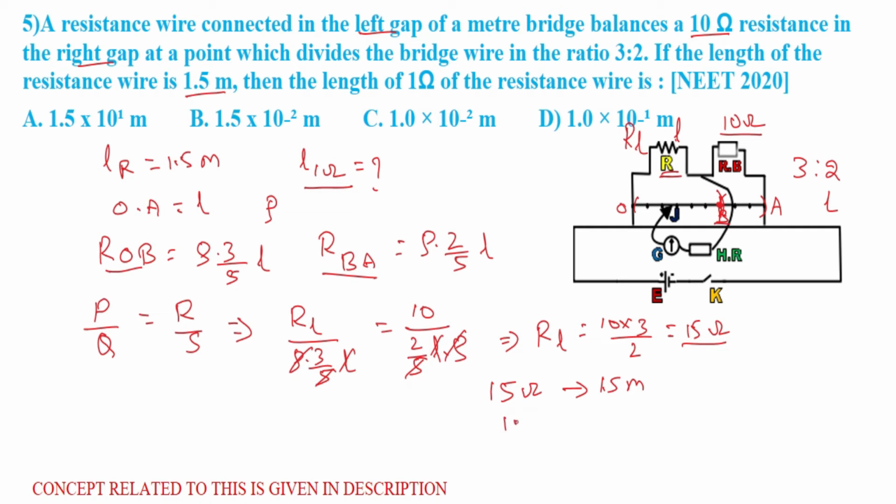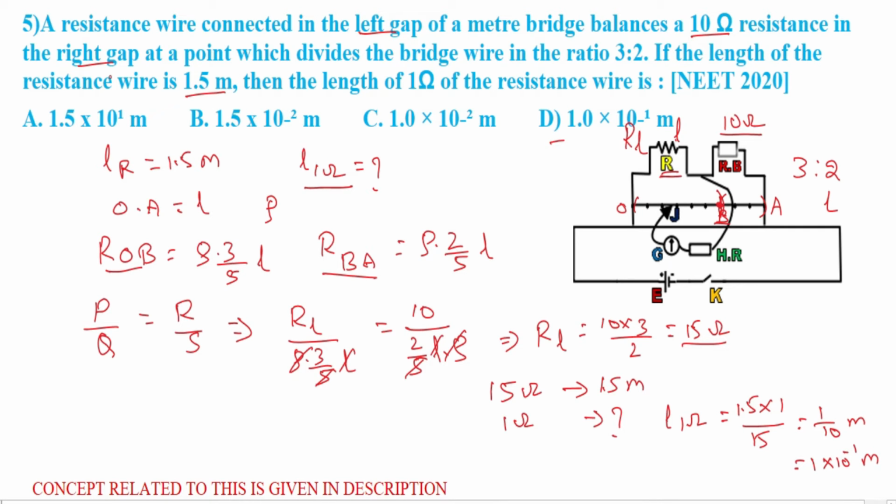That is, 1 ohm resistance will be given by a wire of length how much? So which is nothing but L 1 ohm, that is length of wire which gives a resistance of 1 ohm. Okay, then what will I get? If I cross multiply, I will get 1.5 into 1 by 15. Okay, that is equal to 1 by 10 meters. That is 1 into 10 power minus 1 meters, which is option D in our question.